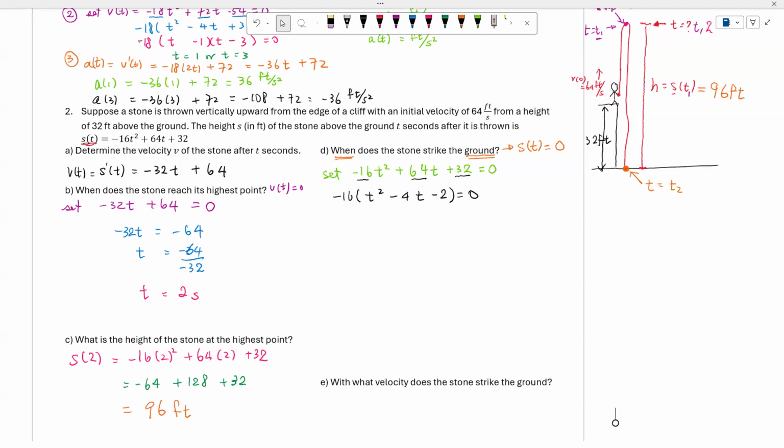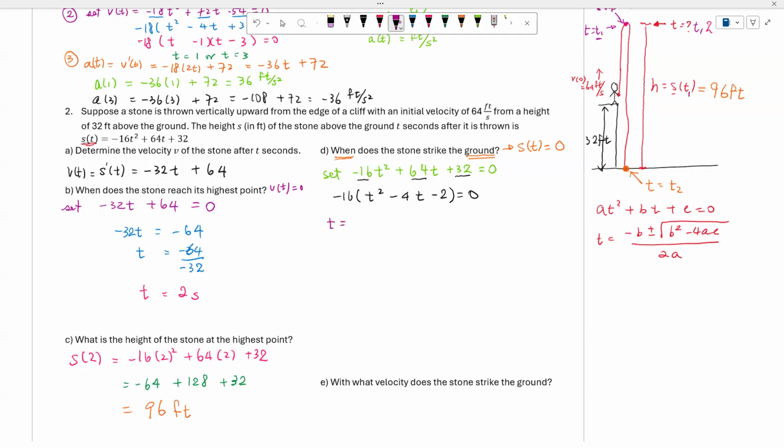Then maybe let us use the quadratic formula to help us finish the problem. Again, if you remember that at squared plus bt plus c equal to 0, then t will be negative b plus or minus the square root of b squared minus 4ac over 2a, right?